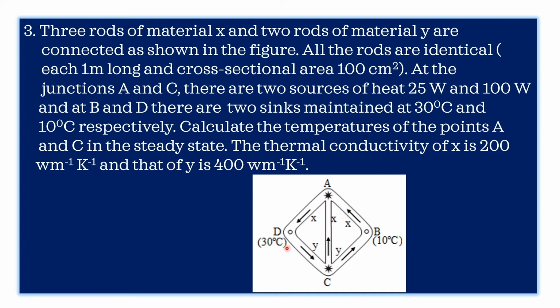At B and D, there are two sinks maintained at 30 degrees centigrade and 10 degrees centigrade respectively. We have to calculate the temperatures of the points A and C in the steady state, and thermal conductivities of X and Y are given as 200 and 400. Now let us go to the solution.